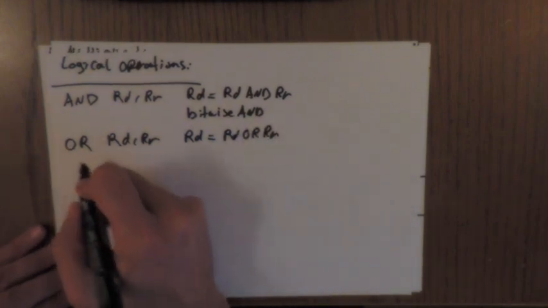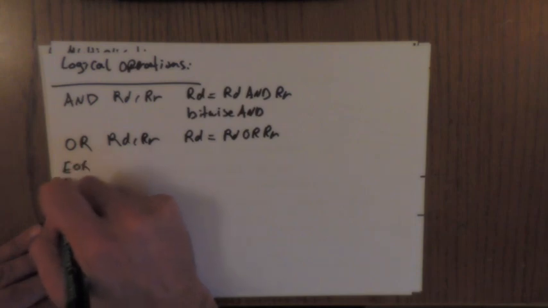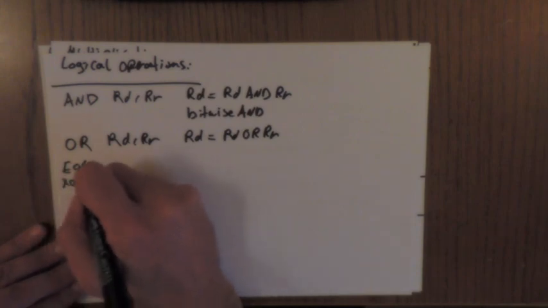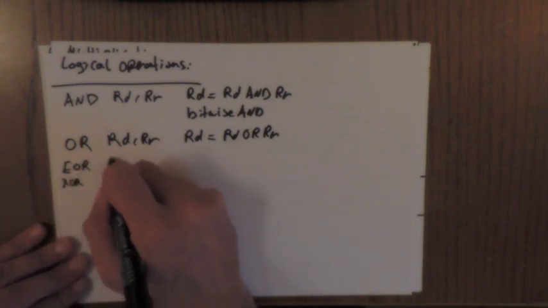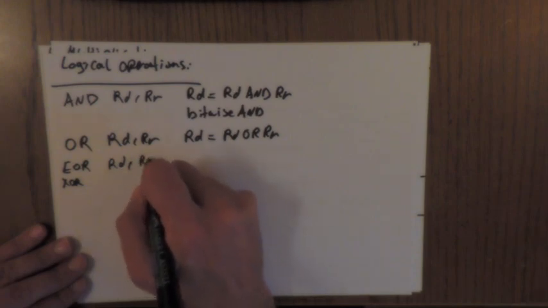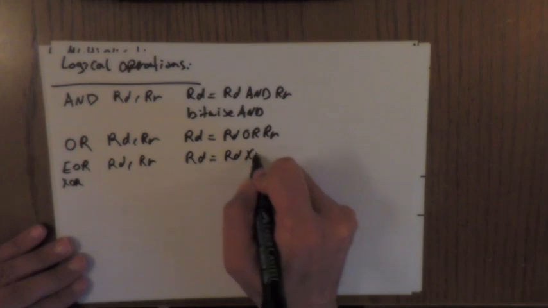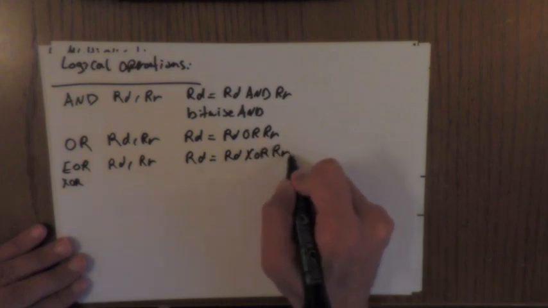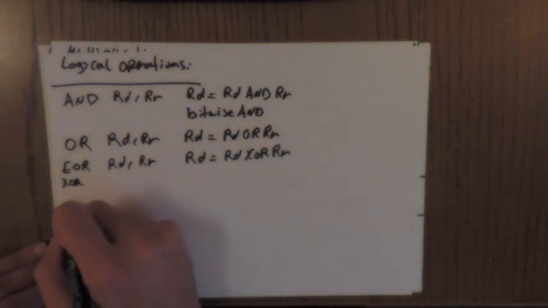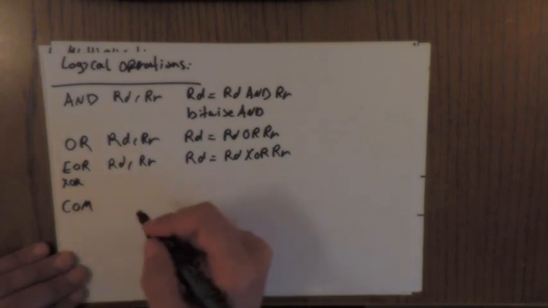We have the XOR, EOR, this is XOR: EOR RD, RR. We have the complement, which just flips the bits.